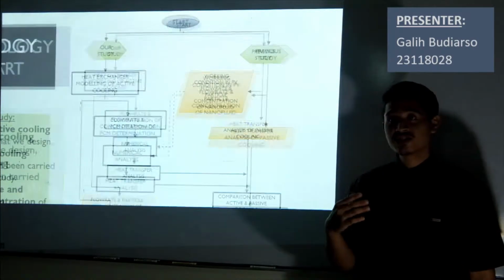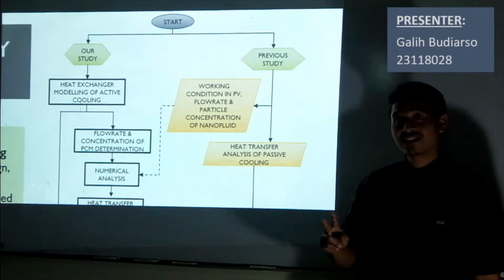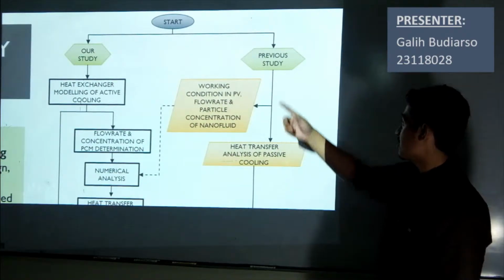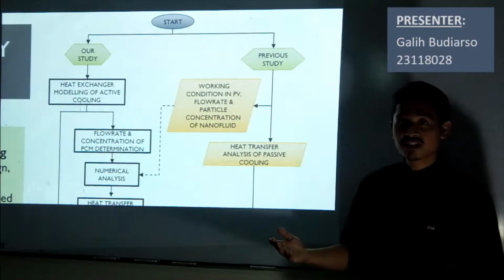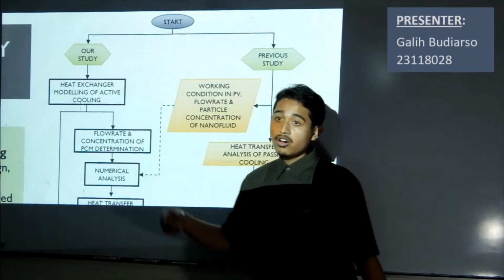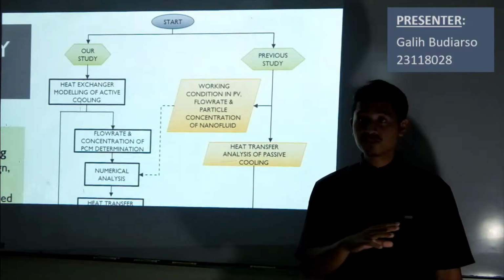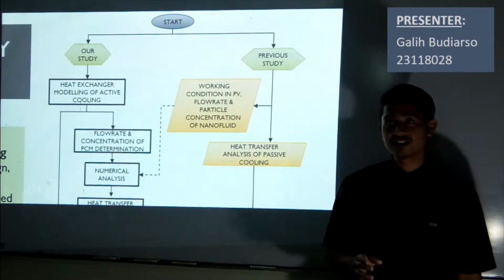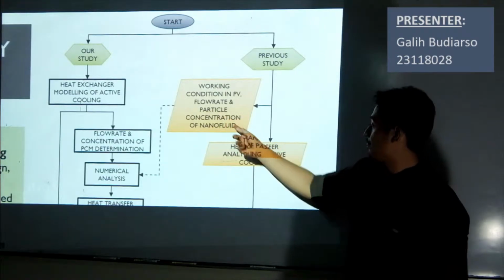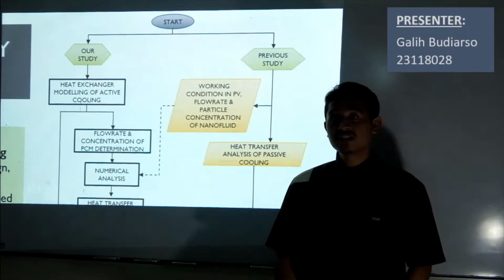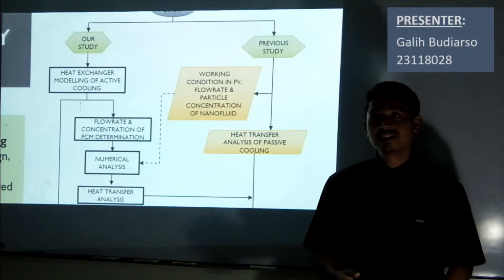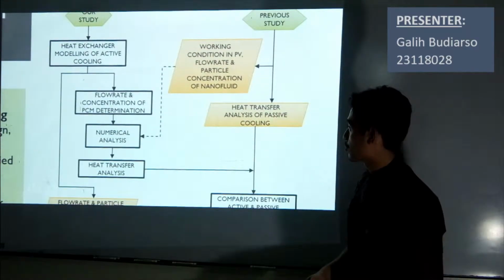Broadly speaking, this study is divided into two, namely the study of previous research and the study of our current research. From the previous study, we obtained data related to the working condition of the passive cooling system and also the heat transfer analysis that occurred. While the study we conducted was preceded by an active cooling system design process.